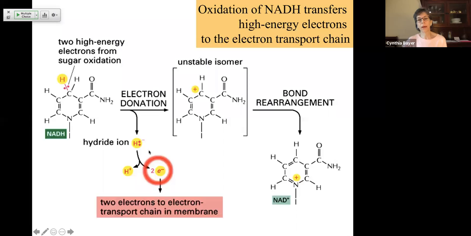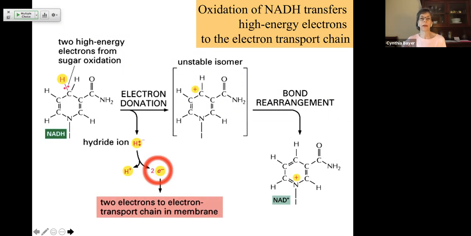The electrons are passed to the next component of the electron transport chain, and the proton is released into the aqueous medium. And our NAD electron carrier has been oxidized. It's lost electrons. All right, so that's one step. That is the electron transfer step.